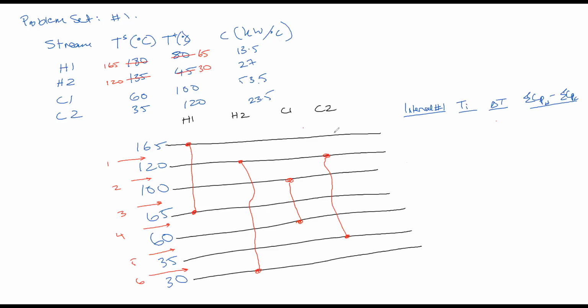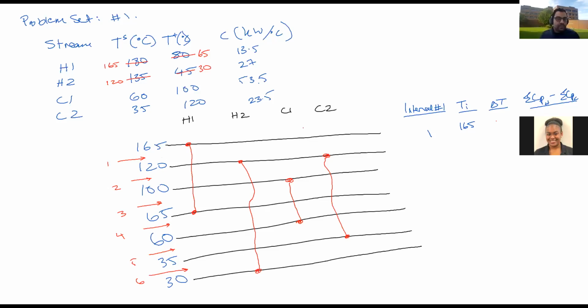I'm looking at interval number 1. The initial temperature for this interval is 165. The delta T for this interval, or the length of this interval, is 165 minus 120, which is 45.